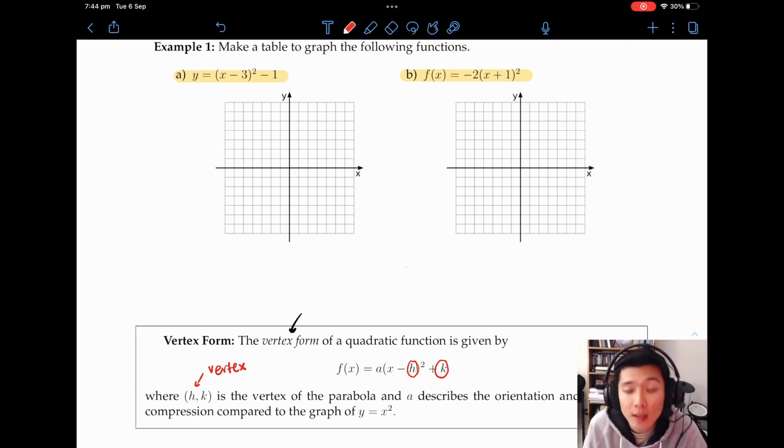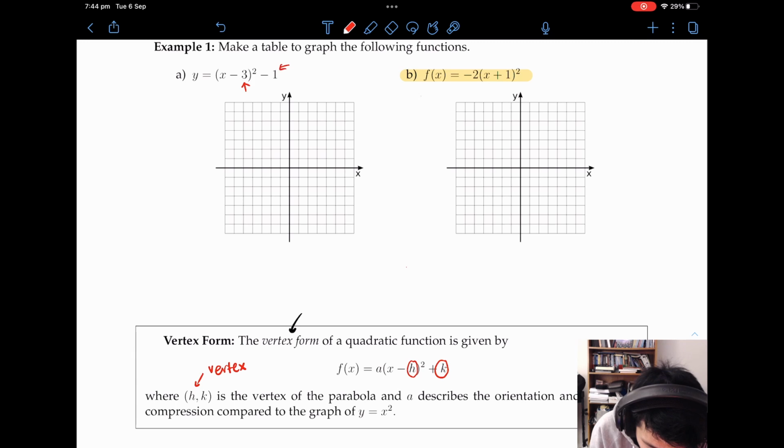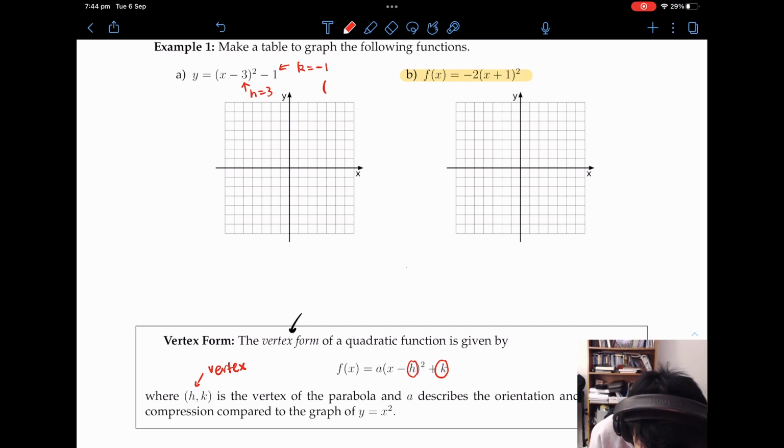And if we look at our first example up here, instead of h we have 3, and instead of k we have -1. So in this case, k is -1, and h is 3. And this tells us that our vertex, sorry, is (3, -1).